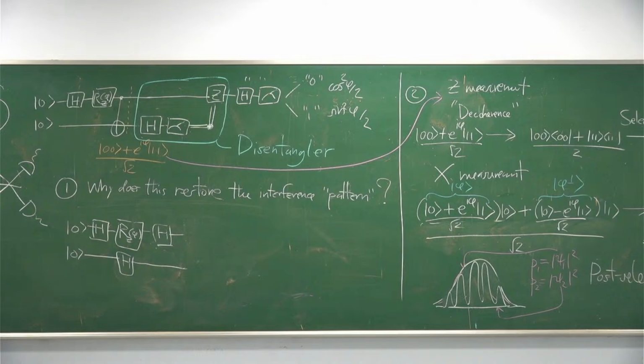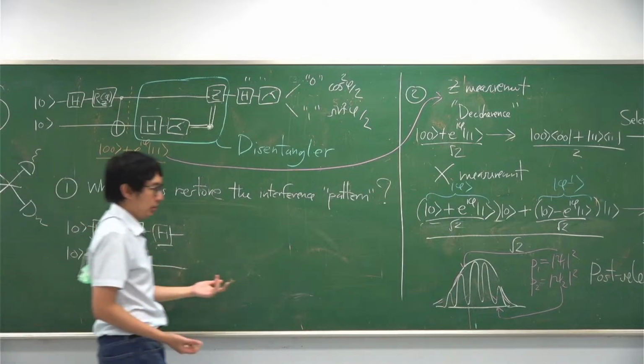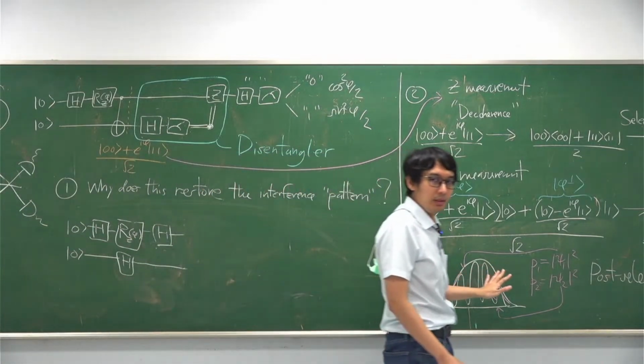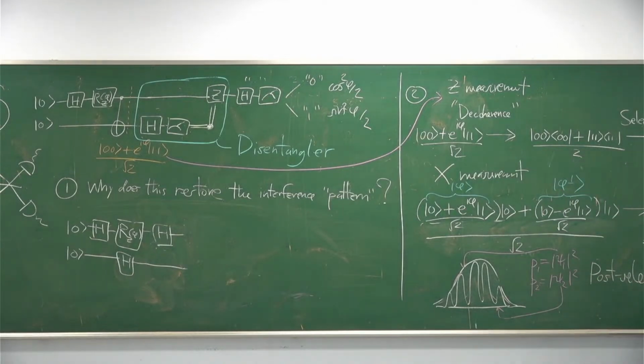It's just that the classical information that you get from the second measurement allows you to pick out the interference pattern, and thus restore the superposition between the states. Okay. So everybody is happy. Okay.